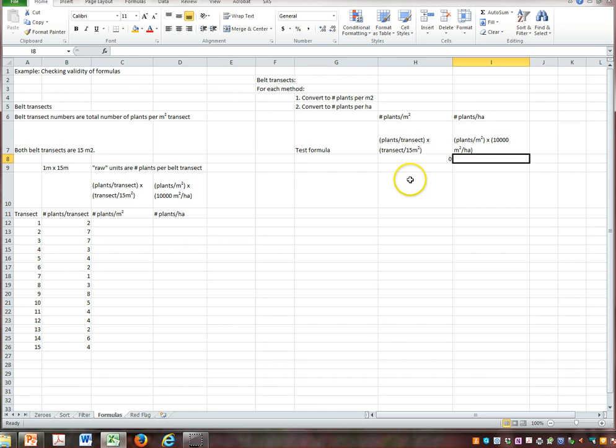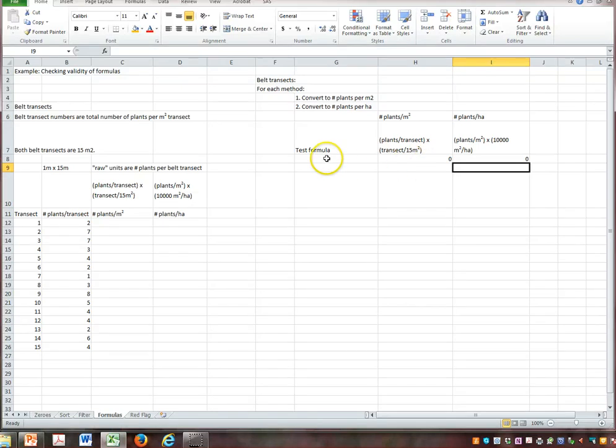I would take the number of plants per meter squared, and I know that there are 10,000 meters squared in a hectare. So I'm going to set up another formula, and I'm going to now tag this cell and multiply that by 10,000. Whoops, I have to multiply. Okay, multiply by 10,000. Okay, so now that's done.